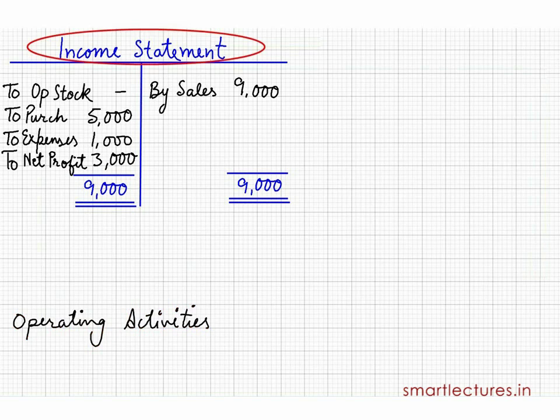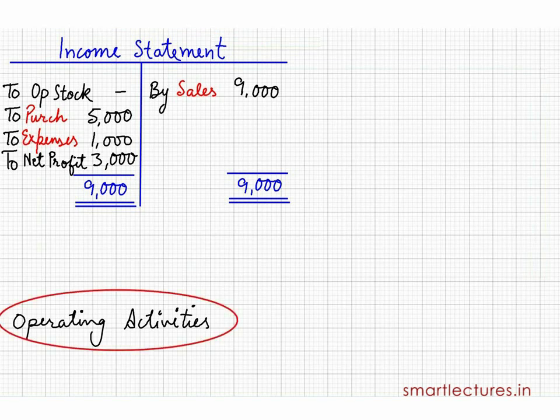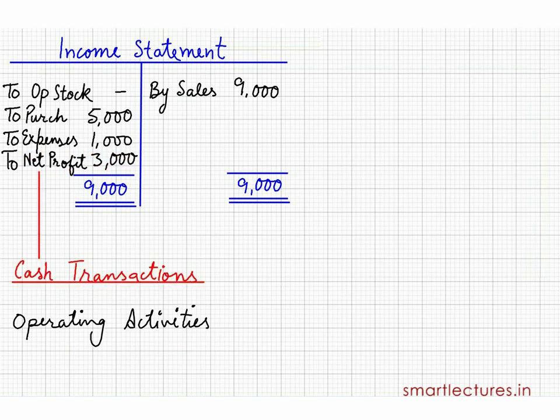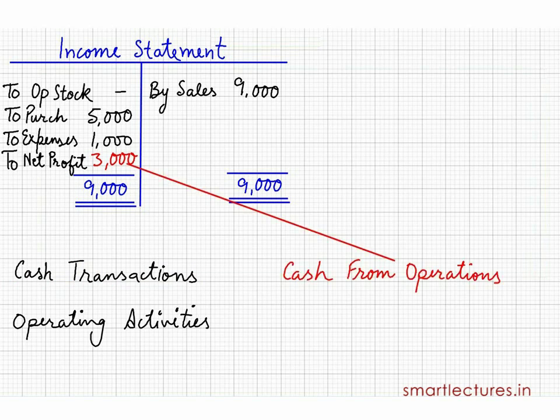So whether it's purchases or sales or expenses, all are operating activities, and this net profit is purely based upon cash transactions. So this net profit 3,000, I can say, is cash from operation, or in other words, the cash generated from operating activities.